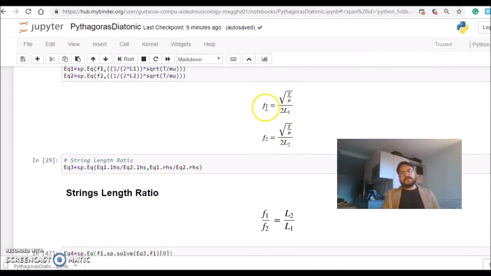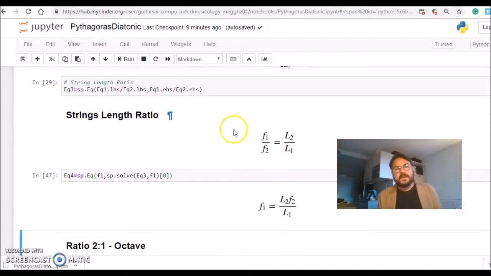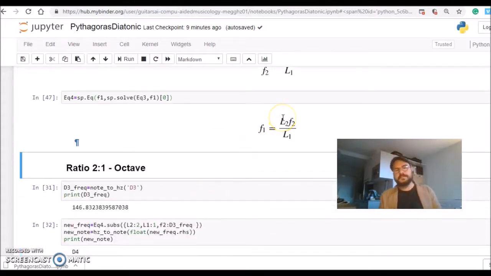So the only difference is f1 divided by f2, and then this cancels with each other, and it will be the length 2 divided by length 1. And then we have this equation, and if we solve for f1, f1 is the length 2 times f2 divided by the length 1, and this is a ratio that we're interested in.